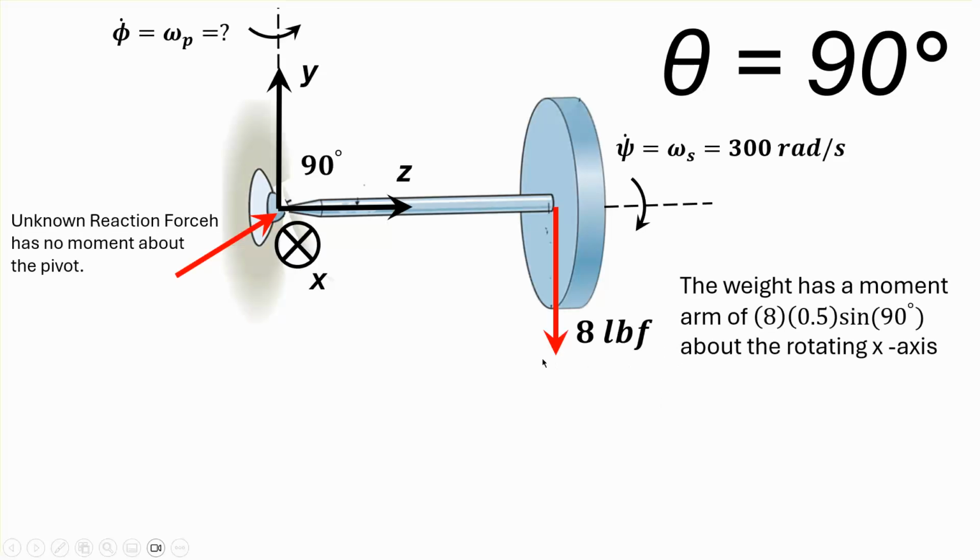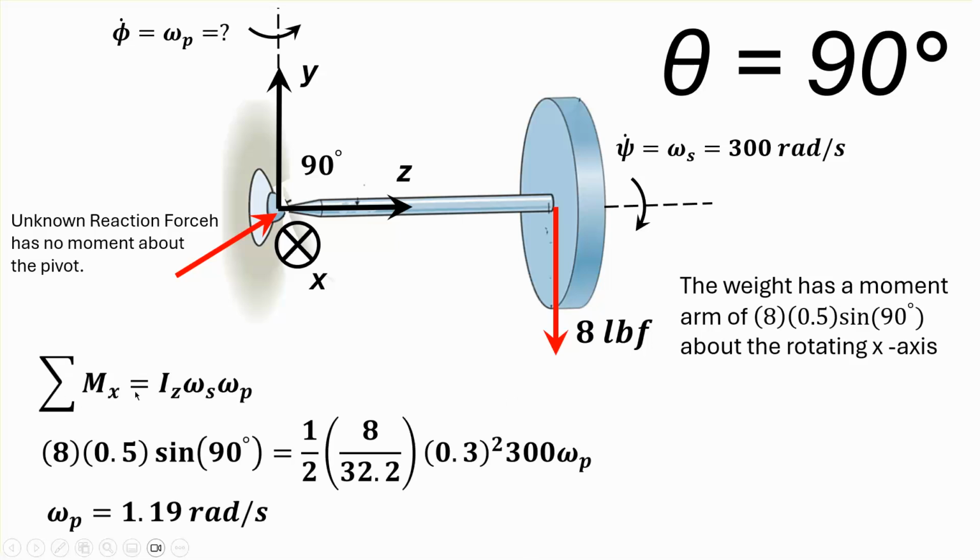Now, in the case of 90 degrees, that ugly equation simplifies quite a bit. So the moment stays the same, except that the moment arm is just this length times the weight, instead of sine of 45 degrees, sine of 90, which is essentially 1.